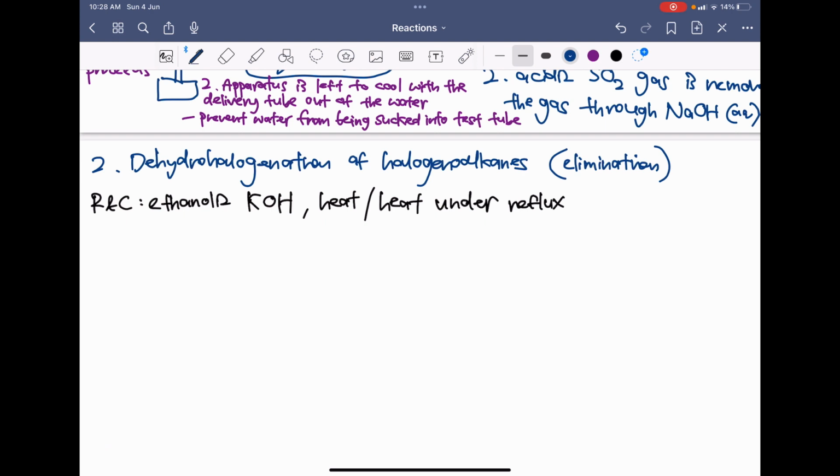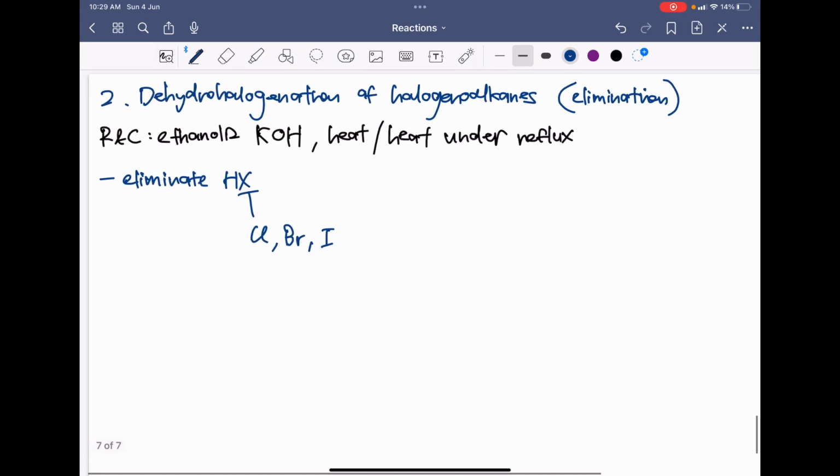So, halogenoalkanes are those that have a halogen attached to the carbon chain. It can be anywhere, but the whole idea here is to eliminate HX from the halogenoalkane, where X can be chlorine, bromine, or iodine.